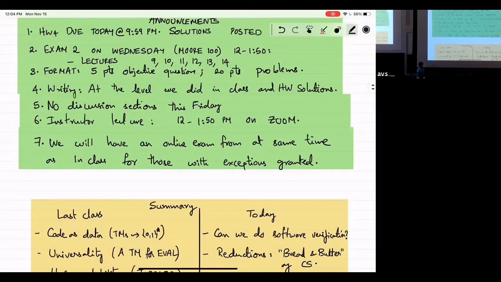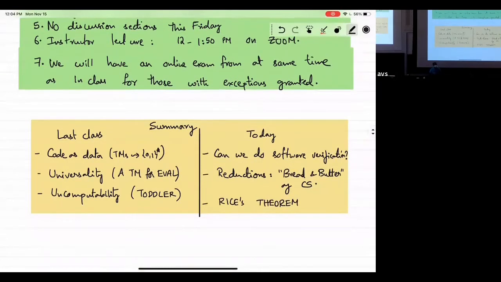Okay, great. Now that we got the dirty stuff out of the way, let's start with today's lecture. So last class, as I said, was kind of like the greatest hits of theoretical computer science. We saw how to represent Turing machines as binary strings, and this led to 2 phenomenal things.